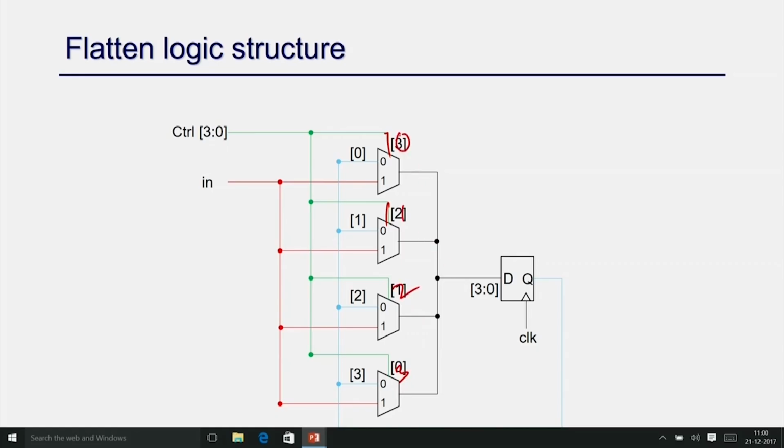If your third bit is 1, then it is going to choose this input, so it automatically puts 1 here as the third bit, and all others will be the original bits. So, only at most one bit of this register will be updated by this circuit, because my controller is a decoder. Either the 0th bit will be updated, or the 1st bit, or the second bit, or the third bit.